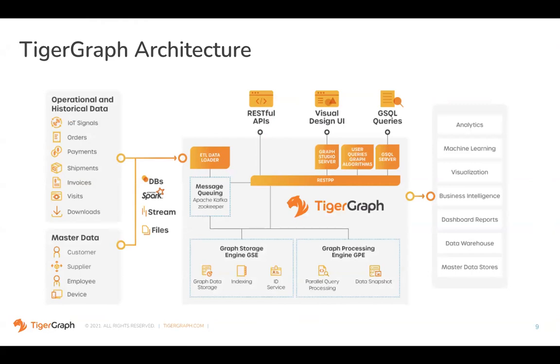The quick thing is, in this diagram, the heart of the architecture right in the middle, I'm not going to touch that because that's the core product and that's not the focus of this presentation. It's more the side, the ones on the left and the right, the ecosystem that enables you to quickly integrate TigerGraph with other systems.